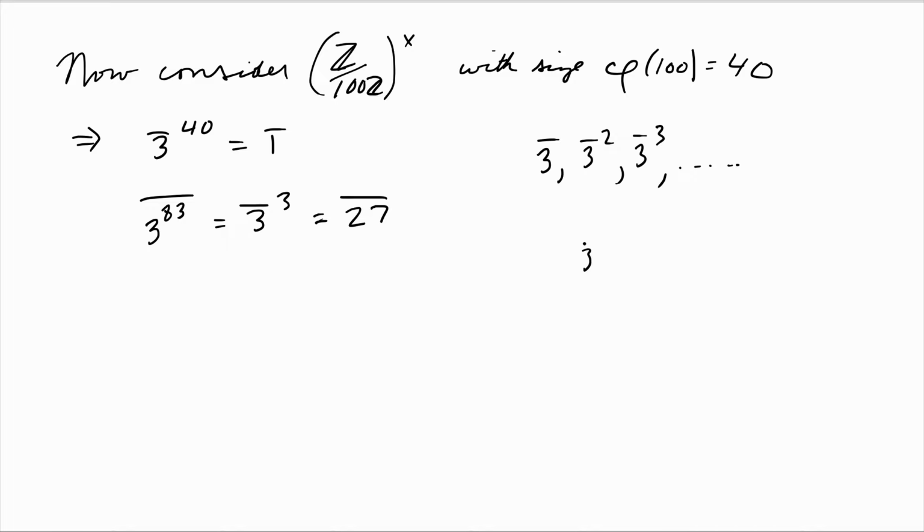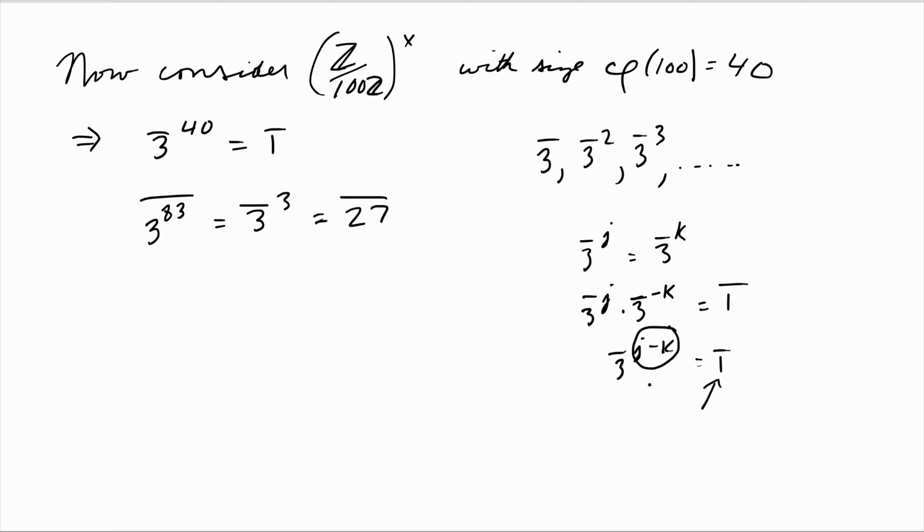And since there's a repetition, if you multiply by the multiplicative inverse on both sides, like 3 bar to the negative k, that's going to be equal to 1 bar. So we get 3 bar to the j minus k is equal to 1 bar. So eventually 3 bar to some power is going to be equal to 1 bar.